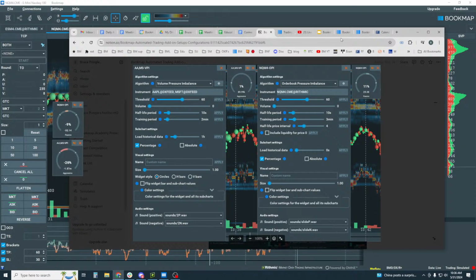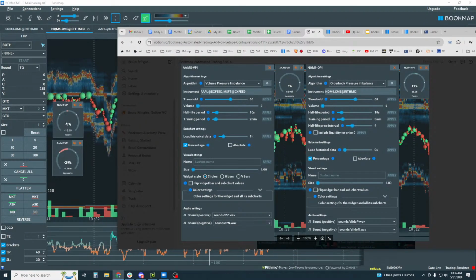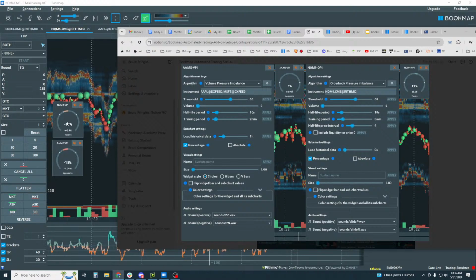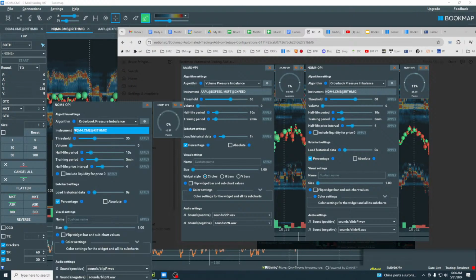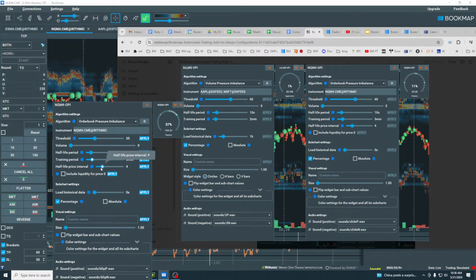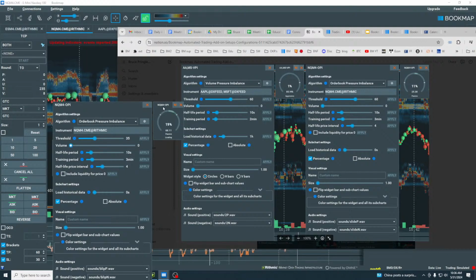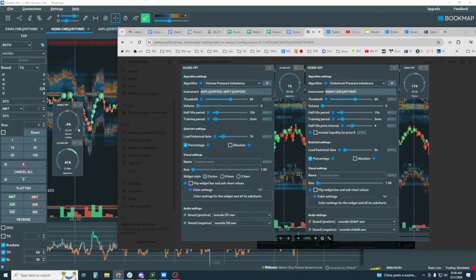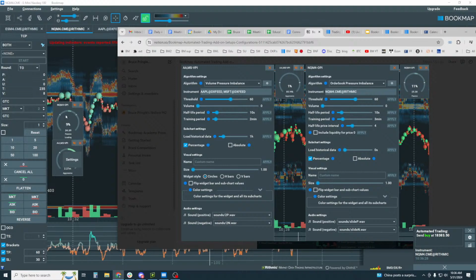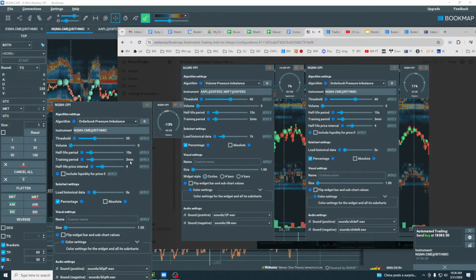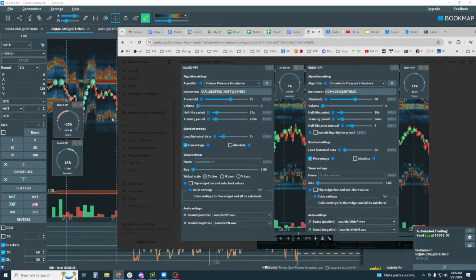So on the NQ, I was looking at 3 minutes of data in the training period, and 10 seconds and 4 levels. Okay, fine. And then this will update the automated trading immediately. Did I say 60%? There we go, that's right.